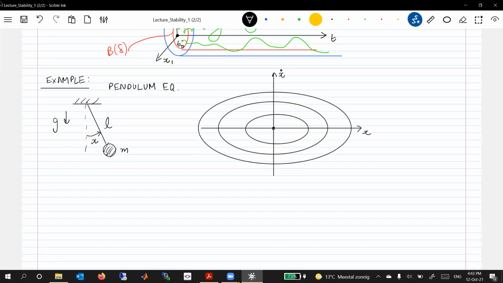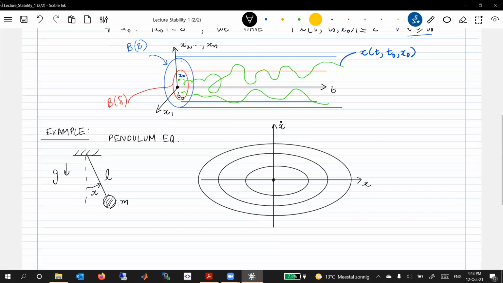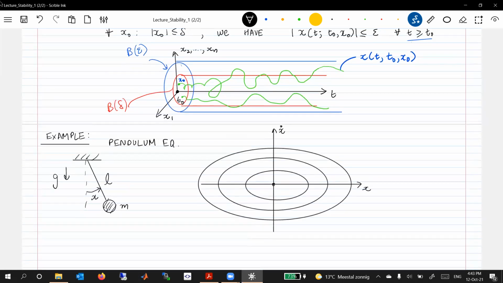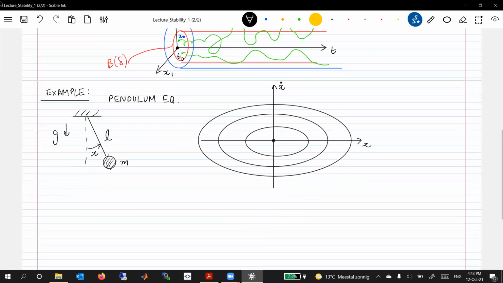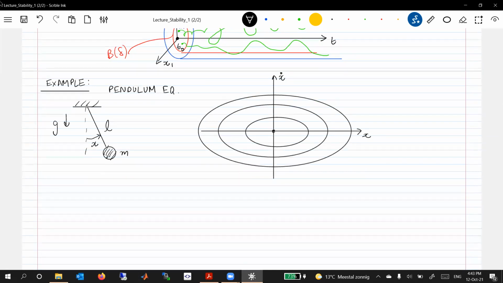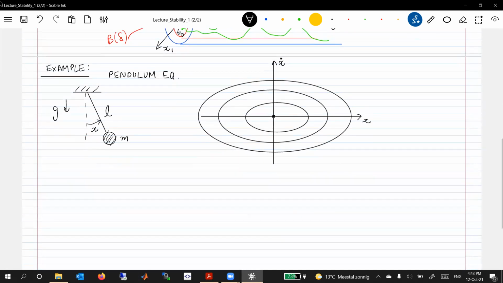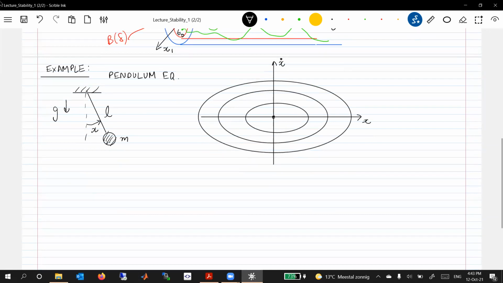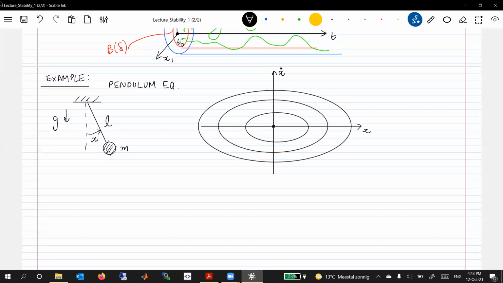And we'll see exactly why we need this epsilon-delta definition. This is where hopefully you would be able to appreciate the reason for this technical definition, because from intuition, we know that the origin is a stable fixed point in this system.